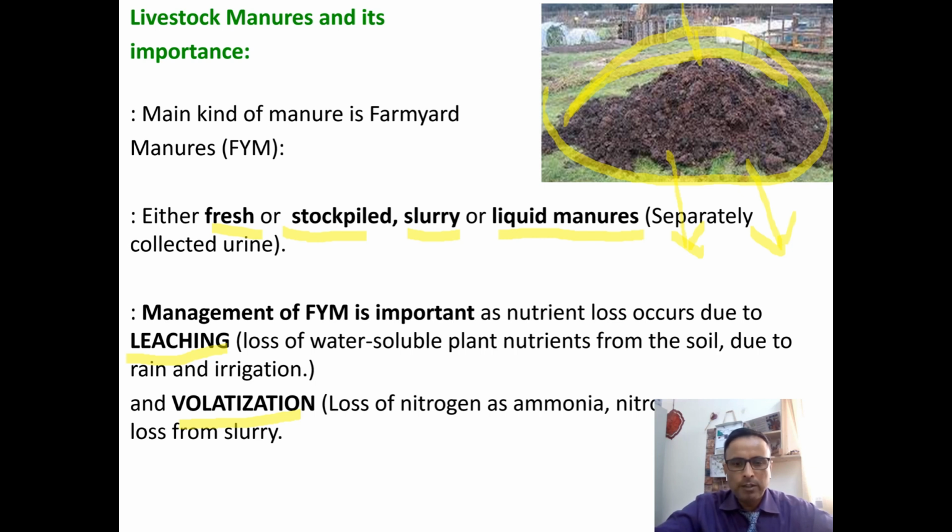The volatilization of nitrogen in the form of ammonia and other gases can easily happen, right? This way nitrogen can also be lost. So it is very important to note how to manage the slurry and keep it safe, so that the leaching loss and volatilization loss is less from the stockpiled slurry, the manure which you are generating.